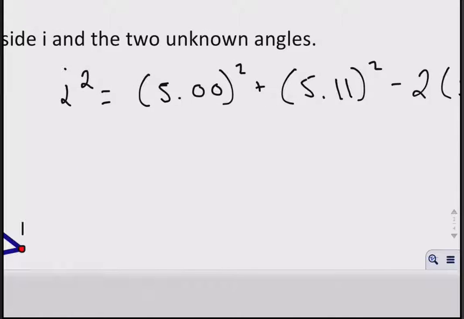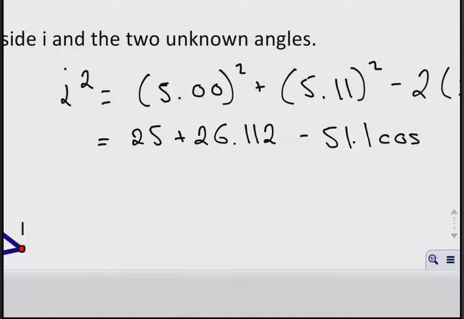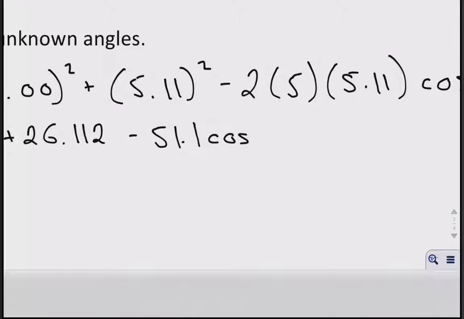This yields 25 plus 121, minus 110 times cos of 49. So what I've done is I've just multiplied all these numbers together to give me the 110.